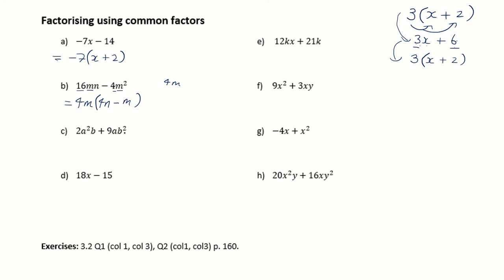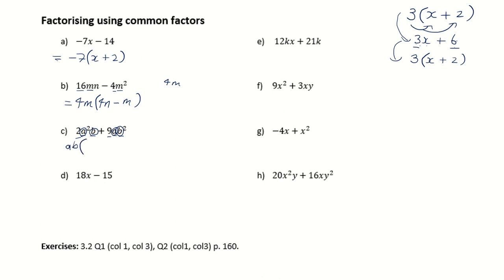So what do these have in common? 2 and 9 don't have anything in common, but we have an A, we have an A, we have a B, and we have a B. So the only things we have in common is 1A and 1B each. So you don't have to circle it, I'm just doing that. So we've got AB in common.